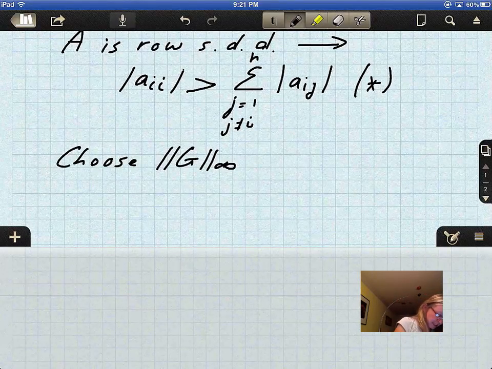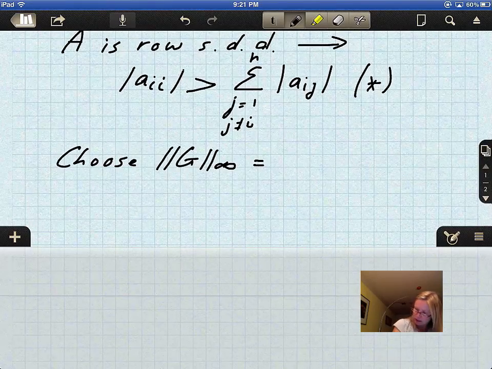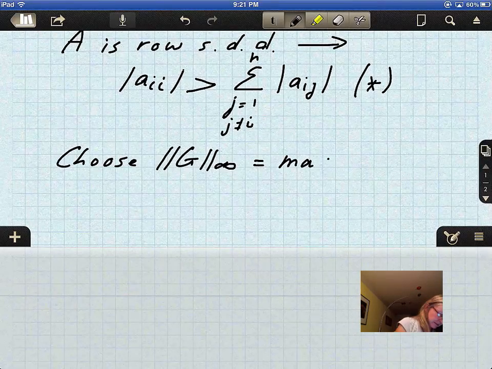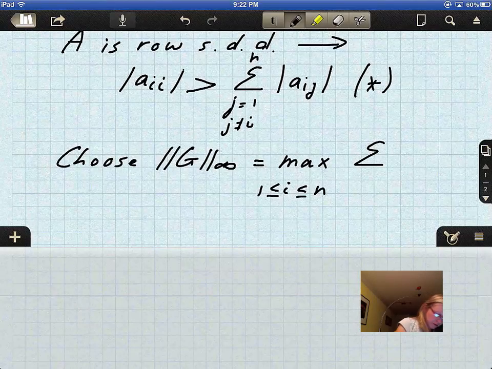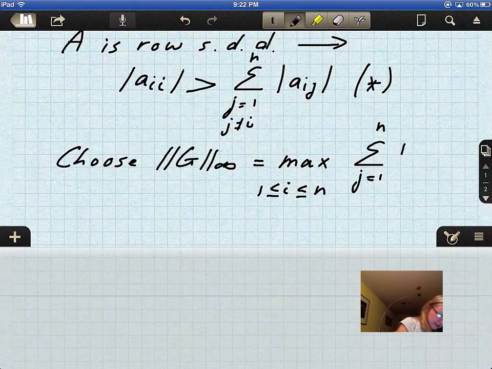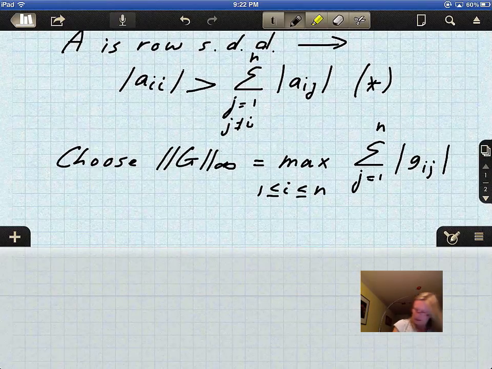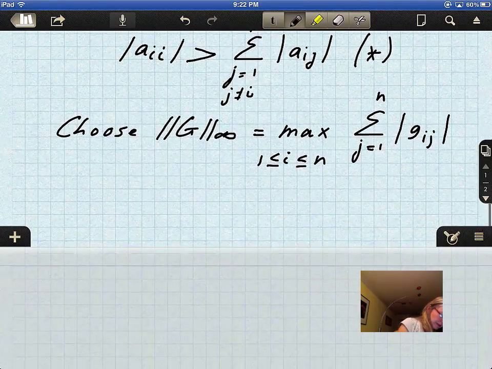So for G, this is equal to the max over all the rows, so for i between 1 and n, of the sum over the whole row, j is 1 to n, of the absolute value of G_ij.